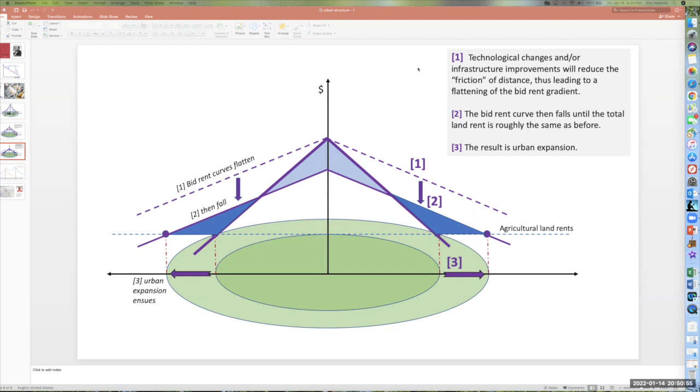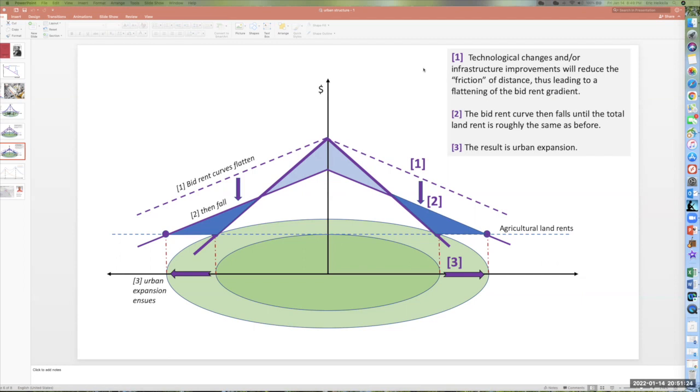This is not looking at increased population here. Let's suppose that we have a constant population, but due to changes in technology or other factors such as infrastructure improvements, more virtual commuting, for example, then the value of accessibility is lowered.